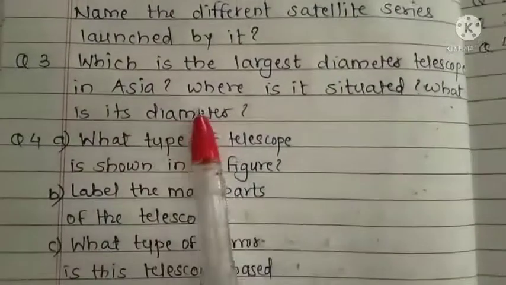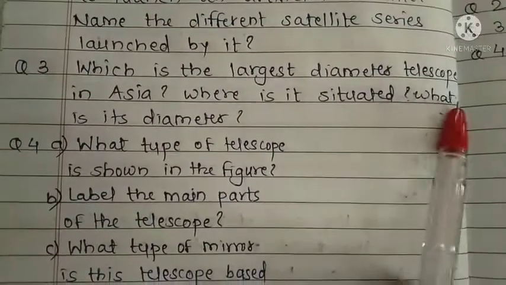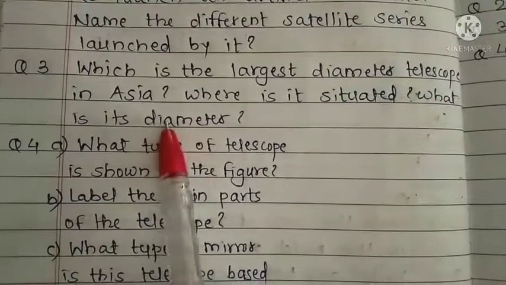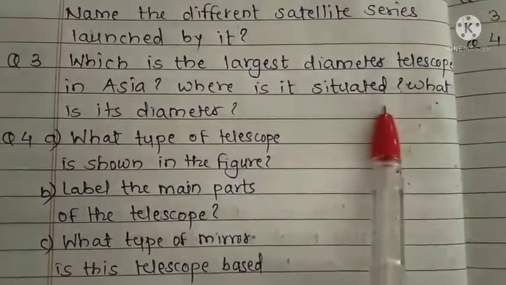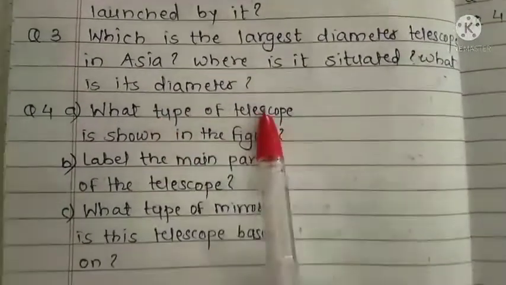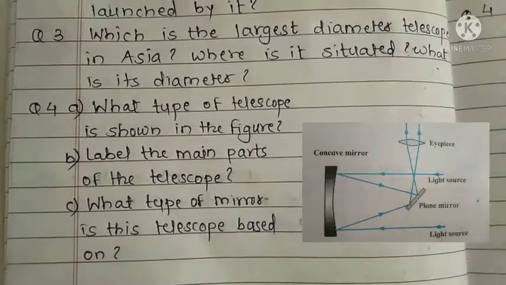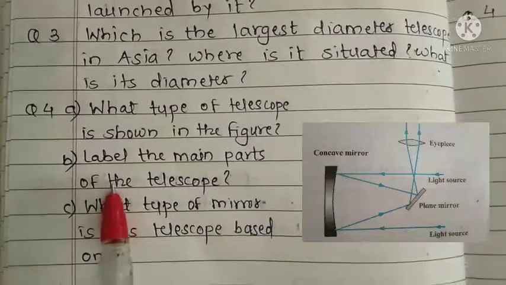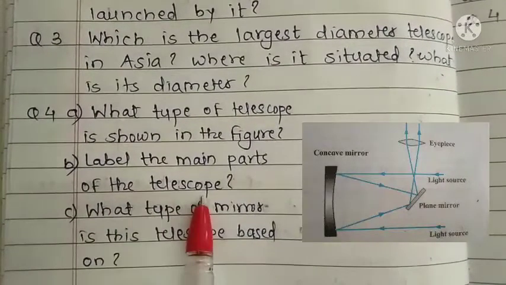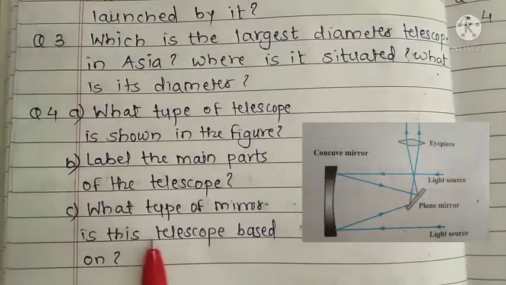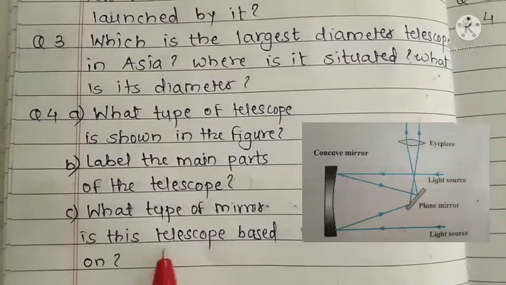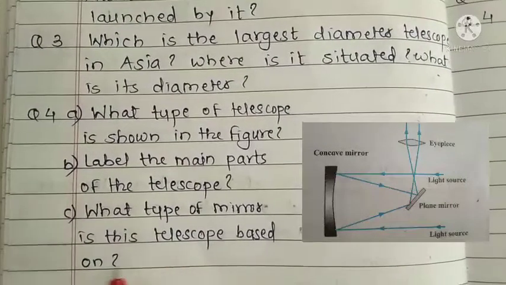Question 3: which is the largest diameter telescope in Asia? Where is it situated? What is its diameter? Question 4: what type of telescope is shown in the figure? Label the main parts of the telescope. What type of mirror is used in this telescope based on?